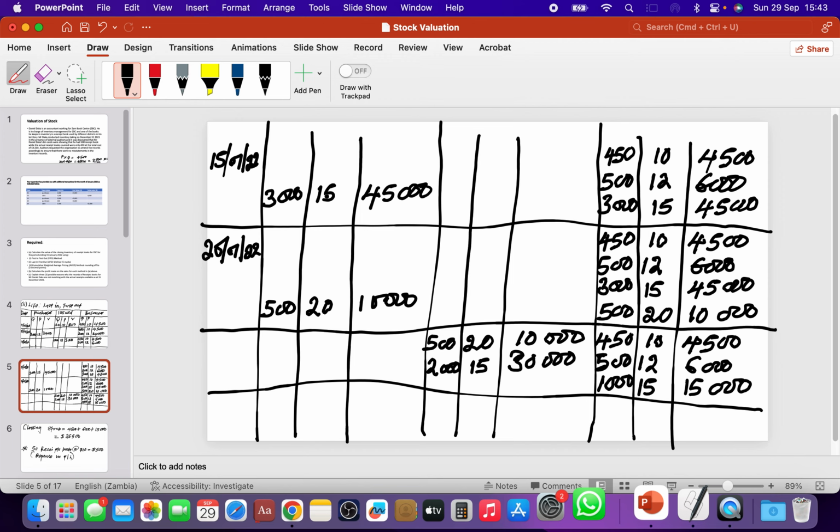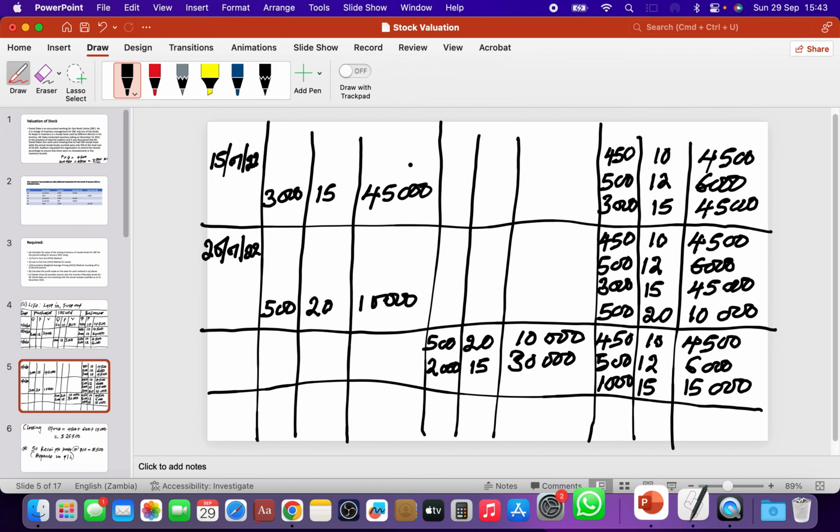It means therefore that one unit from this batch of 3,000 is valued at $15. Okay, I have these two batches as my opening balance on the 15th plus the 3,000 units that I bought. It means therefore my stock at hand on the 15th of January 2022 is as it is here.